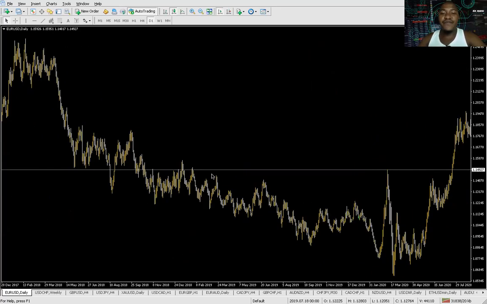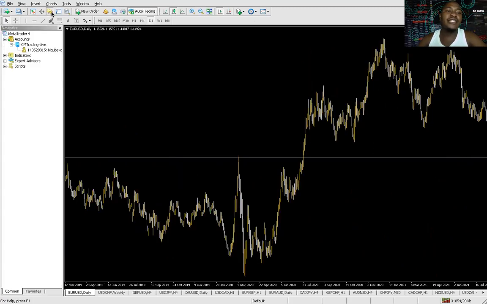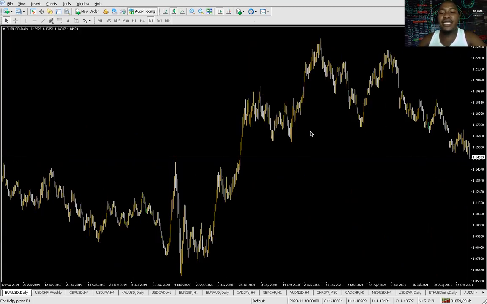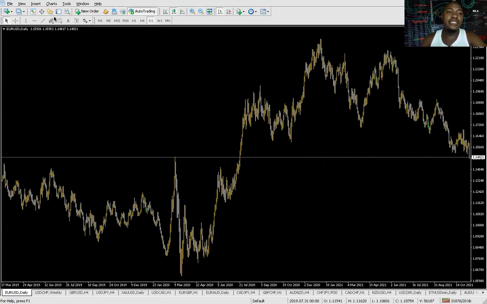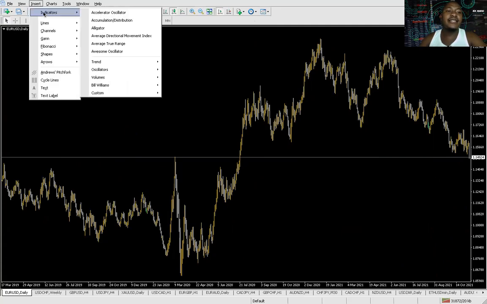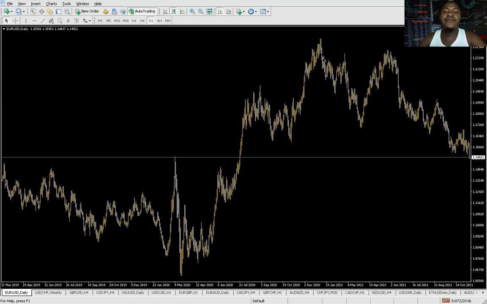Now, the first one is going to be, all of them are daily moving averages, meaning you apply them on a daily time frame. So if you are here right now, just click on your navigator, or if not, right click anywhere on your chart and then select insert indicators, go to trend and select moving average.